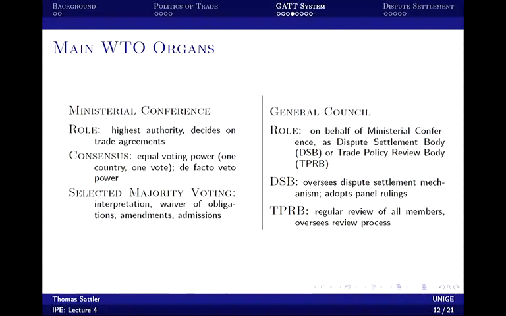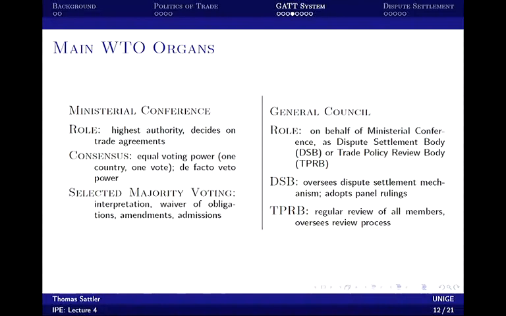What they do is submit a report on their trade policy. Then staff, bureaucrats in the WTO, also write a report on the trade policy of this country. Then this report is issued to everybody, discussed publicly in a forum, and then they issue a final report.